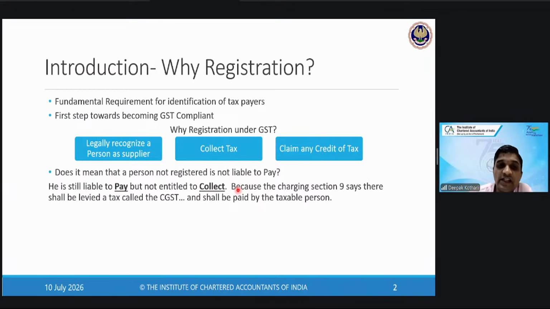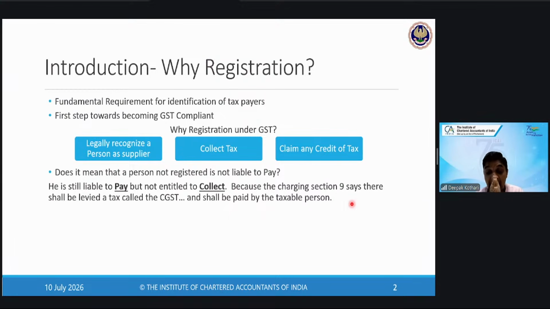Why? Because we have seen here that once he's registered, then he has a right to collect the taxes. But if he is not registered, he will not be entitled to collect the taxes because the charging section says that there shall be levied a tax called the CGST and shall be paid by the taxable person. So everything is interlinked.